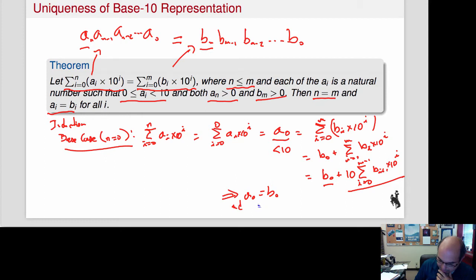And the other thing that must be the case is that the sum from i equals 0 to m minus 1 of b_{i+1} times 10^i must be equal to 0. Now here's what I'll do.